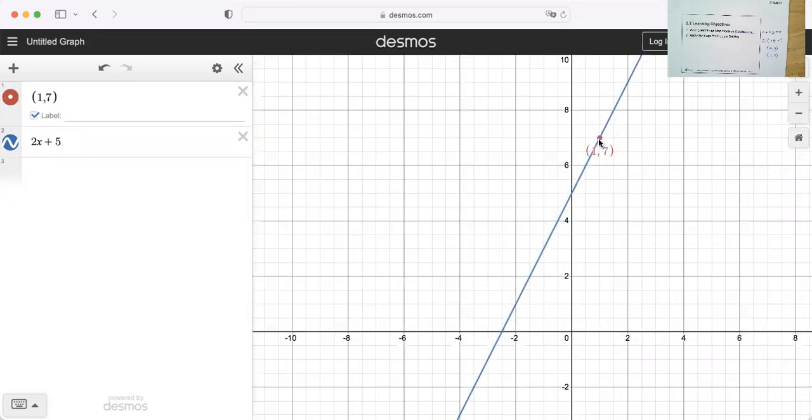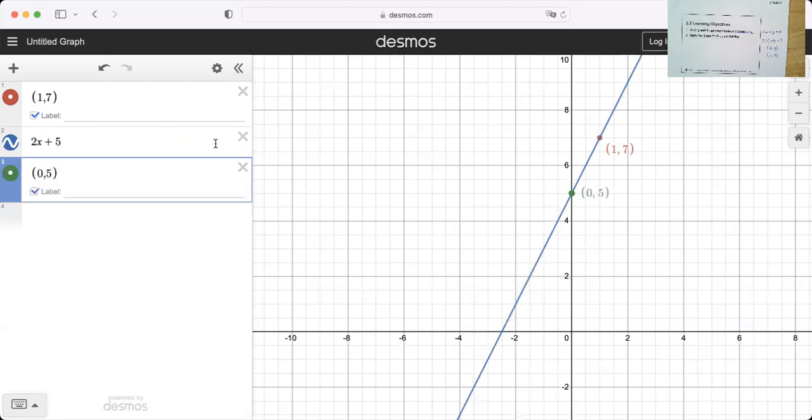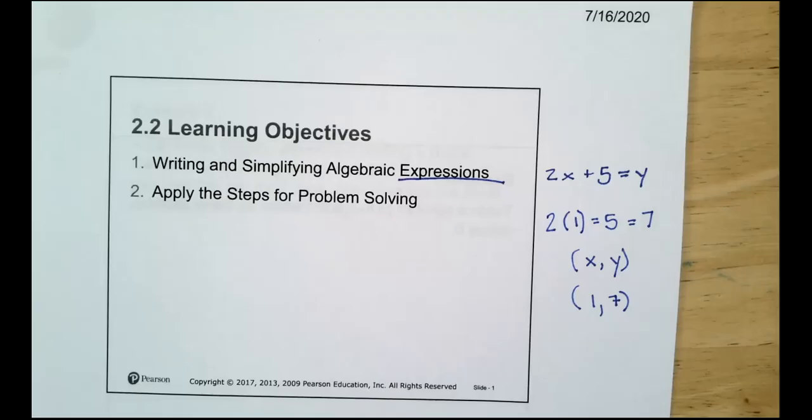But look, it's on the line that is 2x plus 5. If x was 0, right? 2 times 0 plus 5, what would the answer be? It would just be 5, right? That's also on our graph. So that's what we're doing when we're talking about algebra and graphing and linear equations and all the rest of it, basically. These are all interconnected.